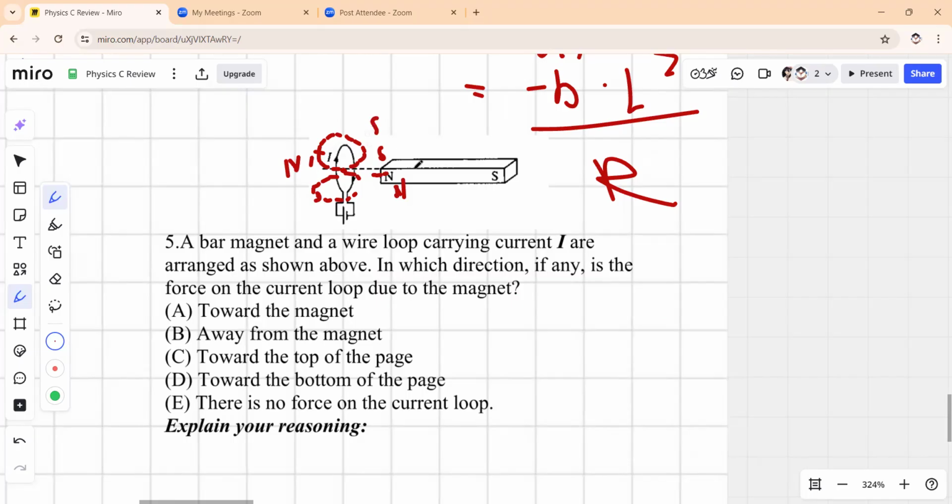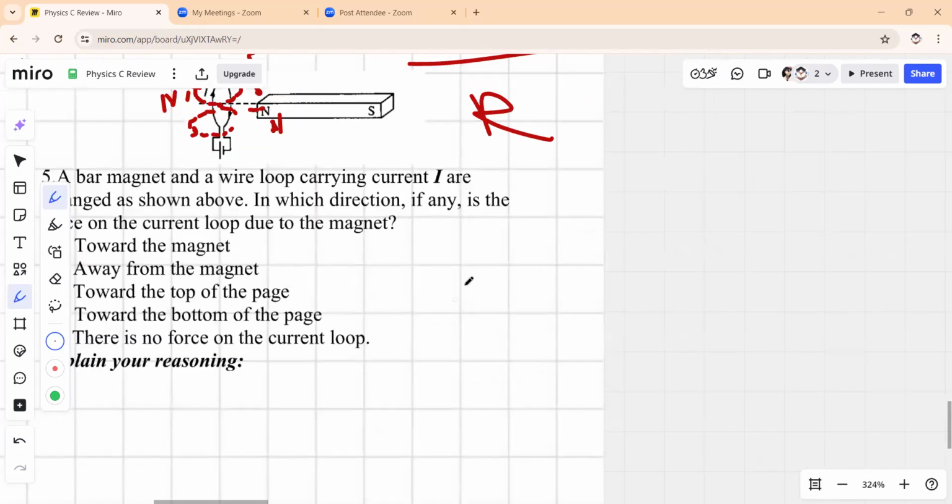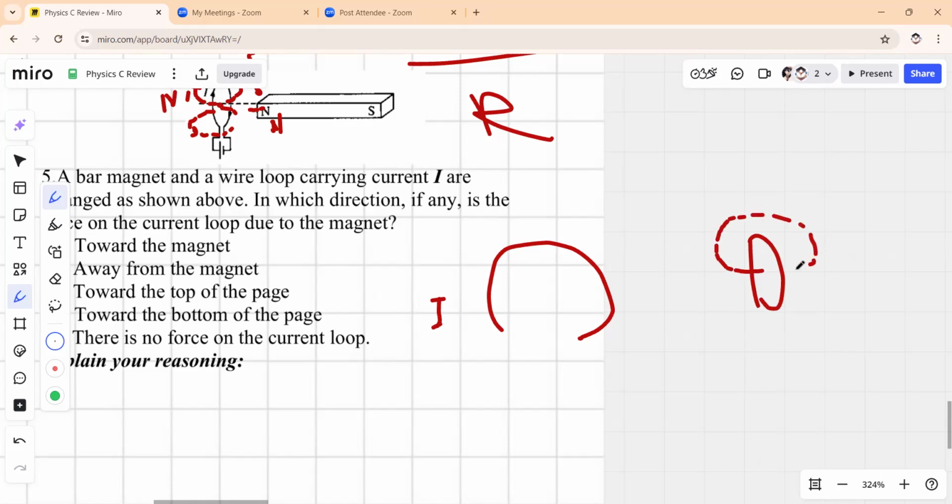Wait, I'm confused. Why are there two circles in the loop? The loop currently is carrying a current I, right? If I were to draw it this way, the current creates a magnetic field that looks like this, with a north and a south side.